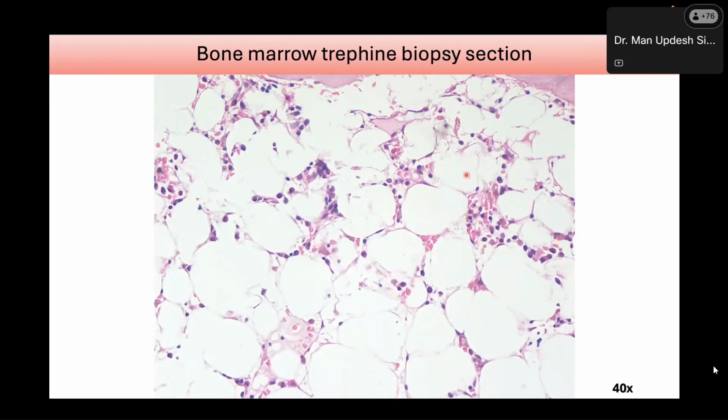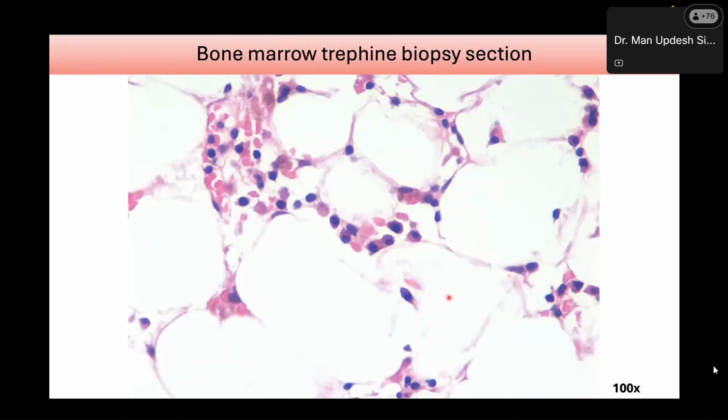So I go on higher power. You see that there are some dark cells there, and we can't really appreciate which kind of cells these are distributed. There are likely to be some hematopoietic cells there amongst the adipose cells. I'm on the 100x now, and now you can see that there are some plasma cells, eccentric nucleus, amphophilic cytoplasm, maybe some erythroid cells with dark nucleus, right?